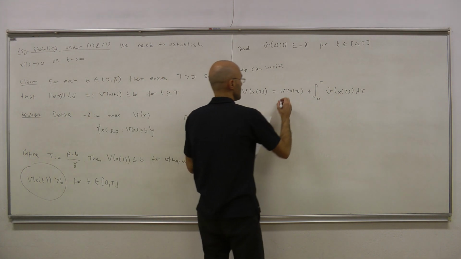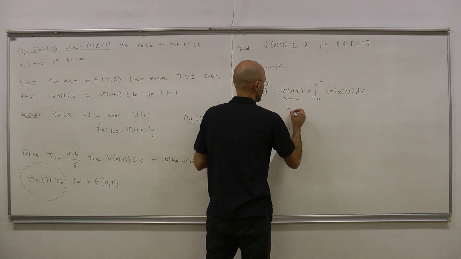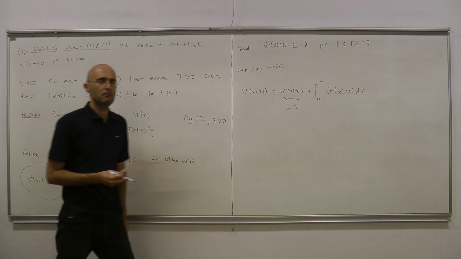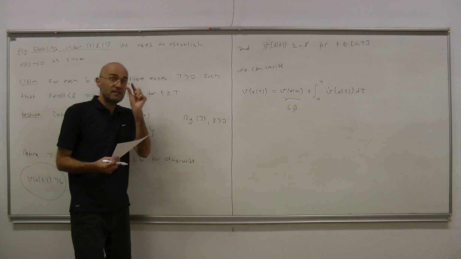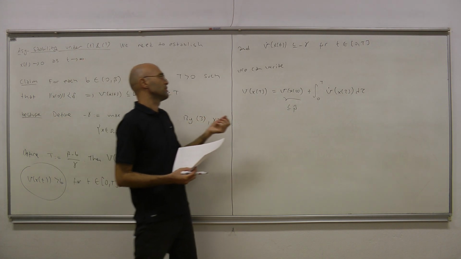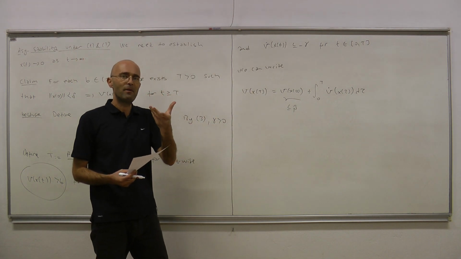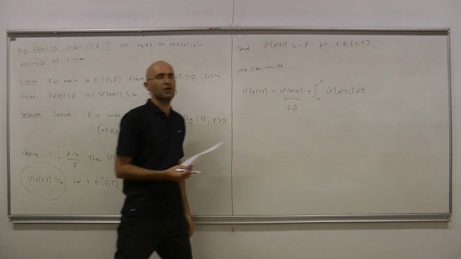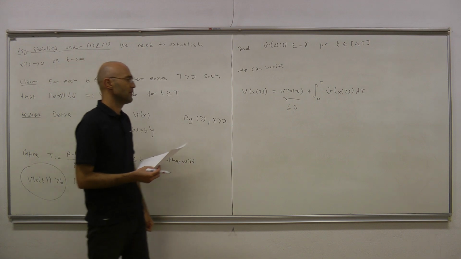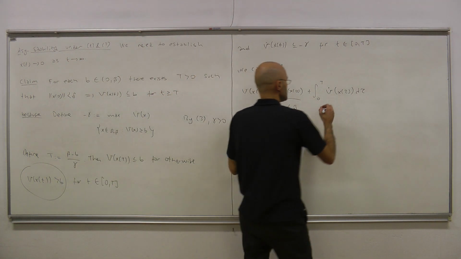Now v of x of 0 is less than or equal to beta. Why? Because we start from the delta ball, and if we start from the delta ball, automatically we are in omega beta. That's what we have shown. And if you're in omega beta, that means initially v of x of 0 is less than or equal to beta. And then what else? This thing.